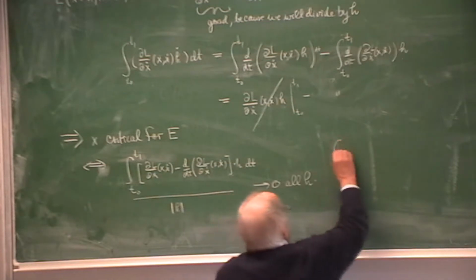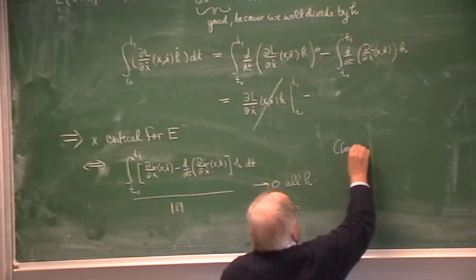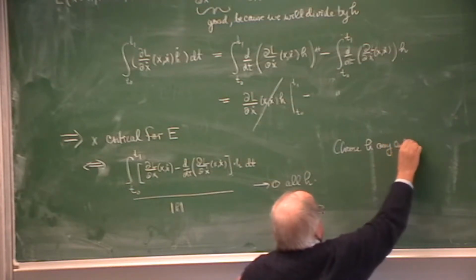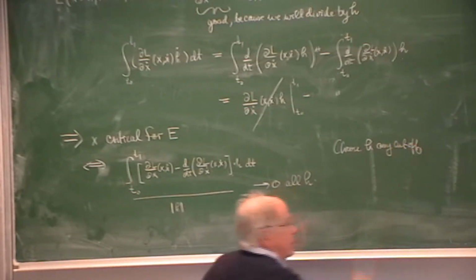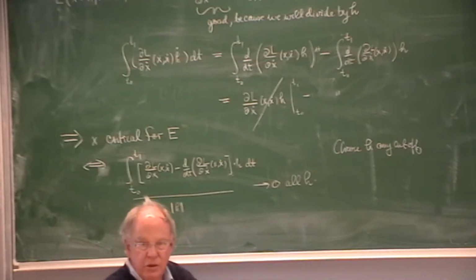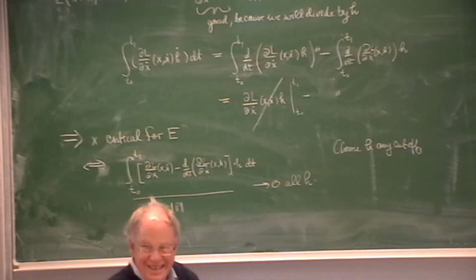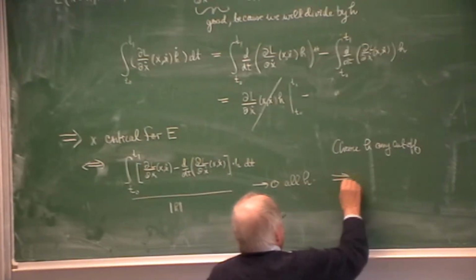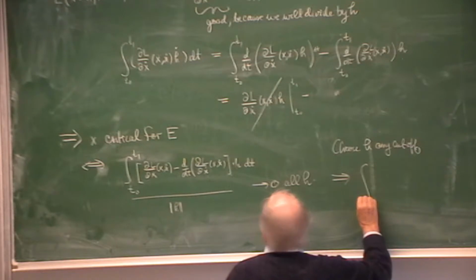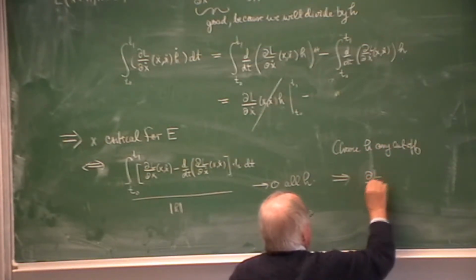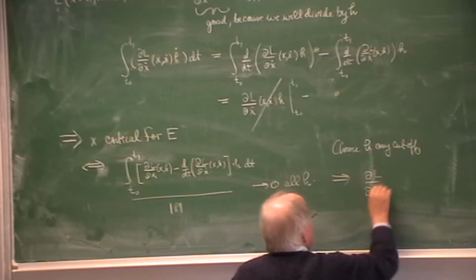And now choose H to be any cutoff function, which is 1 on a certain interval and then down to 0. You see? And so what this implies is, of course, that the integral, what you have inside, has to be 0.